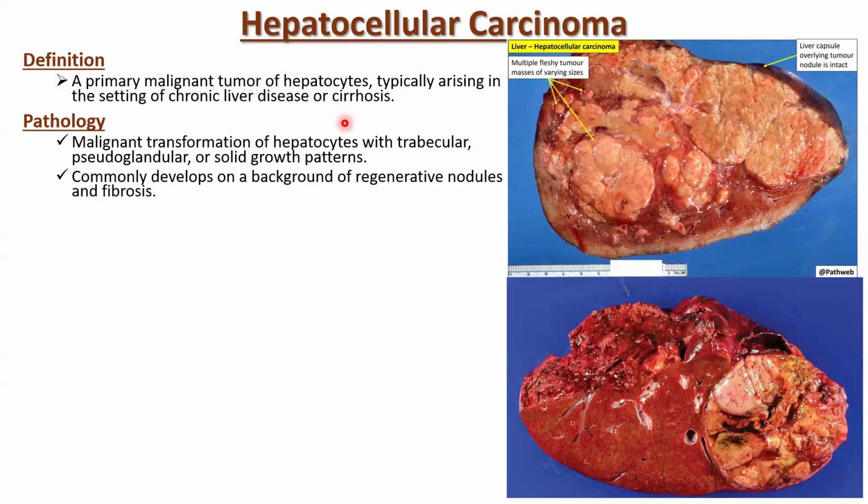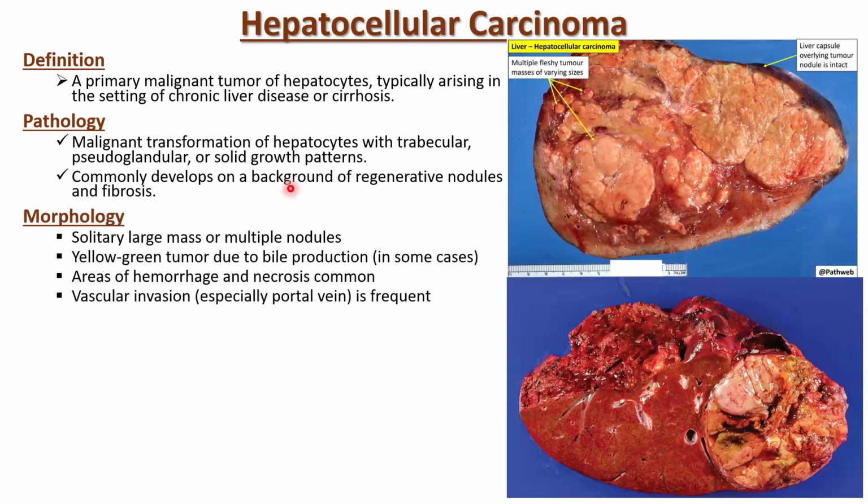How does it occur? Because of the hepatocytes trying to adapt to the changes in the liver functions, they become malignant. So there is transformation of hepatocytes with trabecular, pseudoglandular, or solid growth patterns. So the hepatocytes multiply uncontrollably, leading to liver carcinoma.